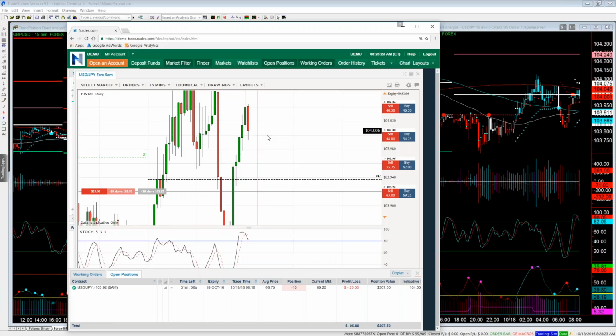When you're going short, you subtract the average price from 100, and that gives you your risk. On the buy side, it's whatever this number is over here. And that's because on the buy side, you're counting up to 100. On the sell side, you're counting down from 100.